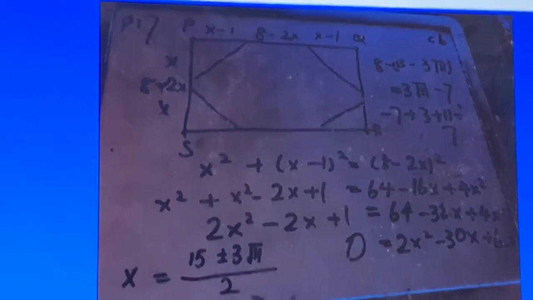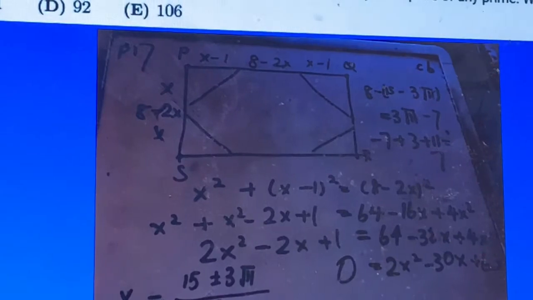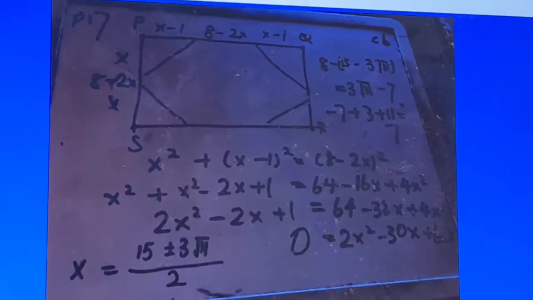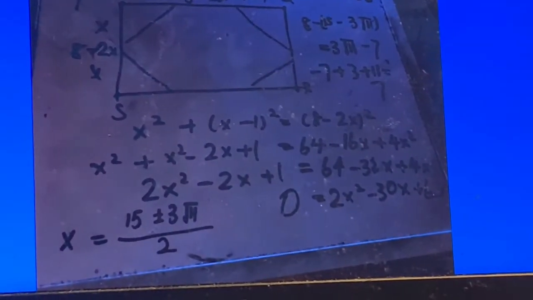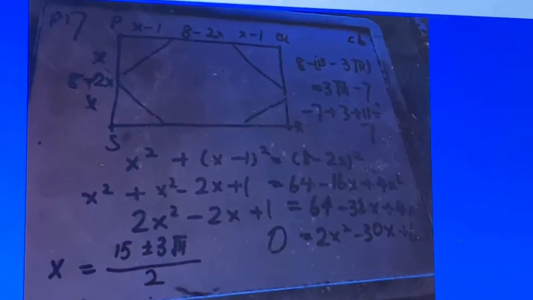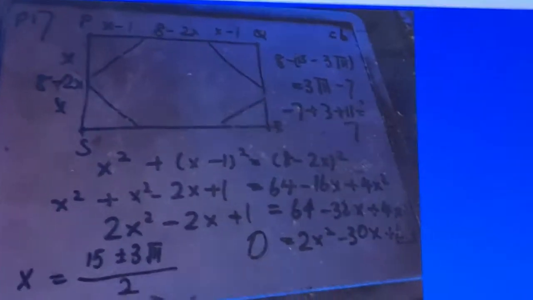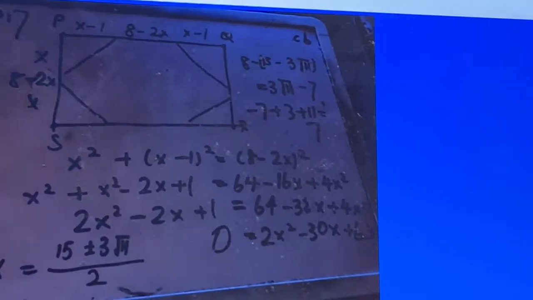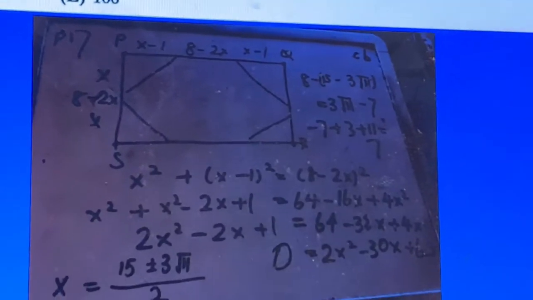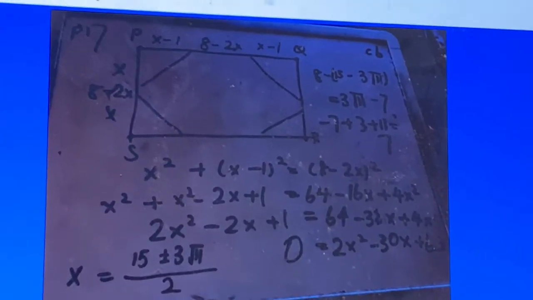Based on the Pythagorean theorem, we can list out the formula x squared plus (x minus 1) squared equals (8 minus 2x) squared. After we expand it, it's 2x squared minus 2x plus 1 equals 64 minus 30x plus 4x squared.